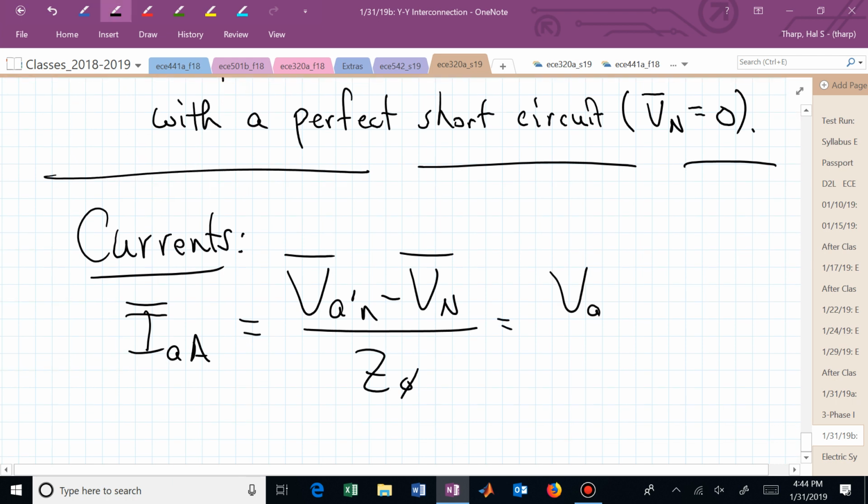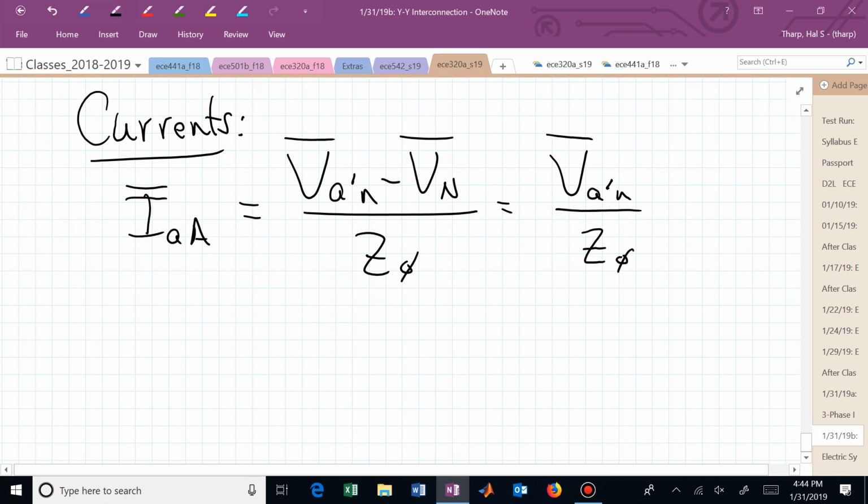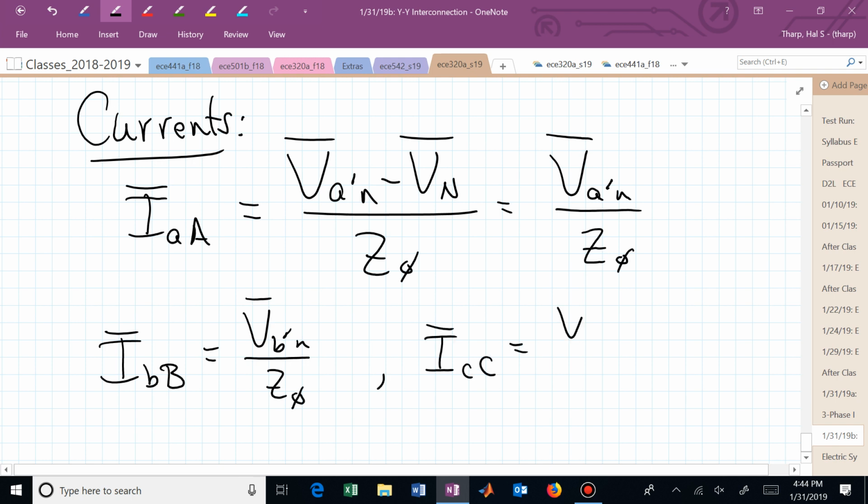Well, that's just V sub A prime N over Z sub phi. Do you see that each of the other phases will be defined similarly in terms of their source voltage generator? This is now V sub B prime N, and I sub little c big C is V sub C prime N over Z sub phi.